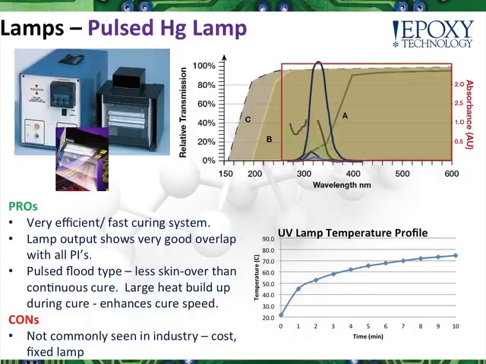And this uses a pulsed type illumination that actually prevents skin over because it doesn't continuously hit the bond line with high intensity UV, but instead uses quick pulses that allow for a deeper cure. Now, these are probably one of the most rare lamps that I see in the industry. They're also quite costly, and it's a fixed lamp.